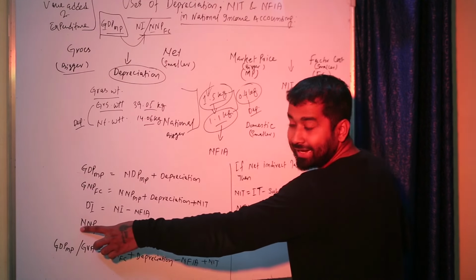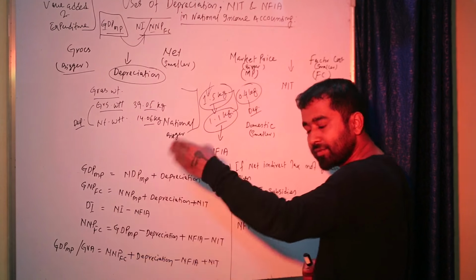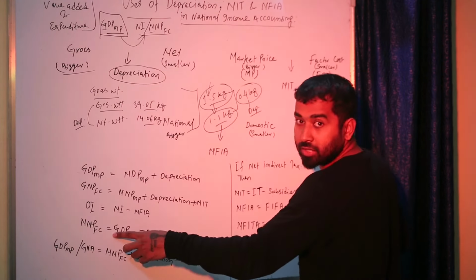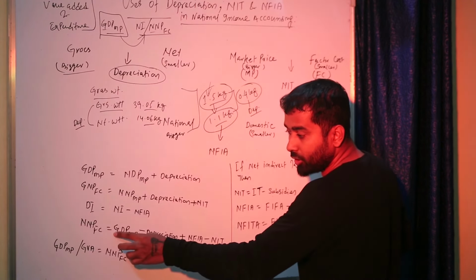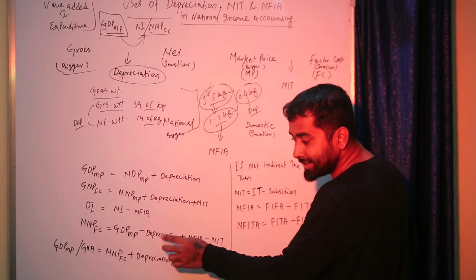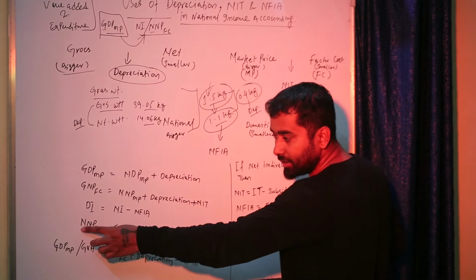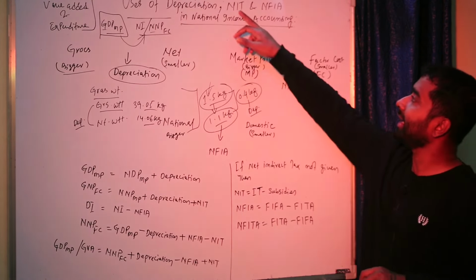So first, N and G are the only things we are going to see; the remaining things we will see after discussing the other tools. So, net and gross: if you are converting gross into net, what do you do? Minus depreciation. Gross minus depreciation becomes net. I hope that is clear.